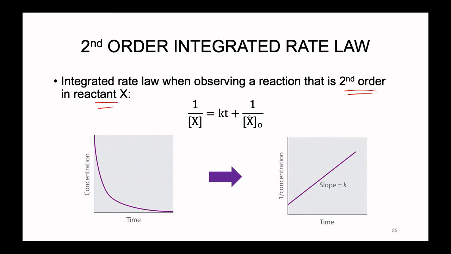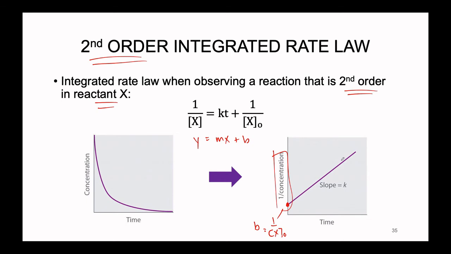So if, let's say, hypothetically, you're monitoring concentration versus time and you find that the relationship here is a curve, but you want to know what the explicit relationship is, the linear relationship between concentration and time, by taking the inverse of each of your concentrations and plotting them versus time, if your reaction is second order, you will find a straight line here, where the y-intercept, our b, in this y equals mx plus b equation, is equal to 1 over your initial concentration.